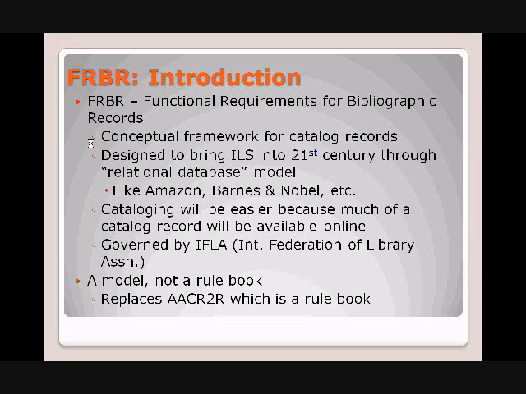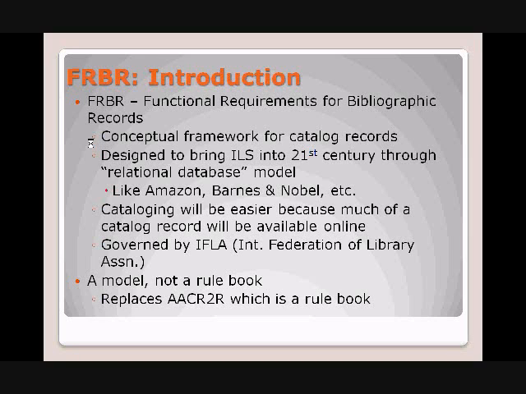FRBR, or Functional Requirements for Bibliographic Records, is a conceptual framework for catalog records. So they're not rules. It's really a framework for understanding the different parts of the catalog records and how they relate to each other. And FRBR is designed to bring integrated library systems into the 21st century by using a relational database model.